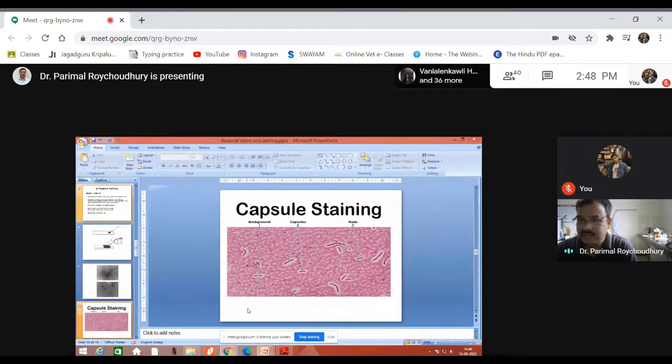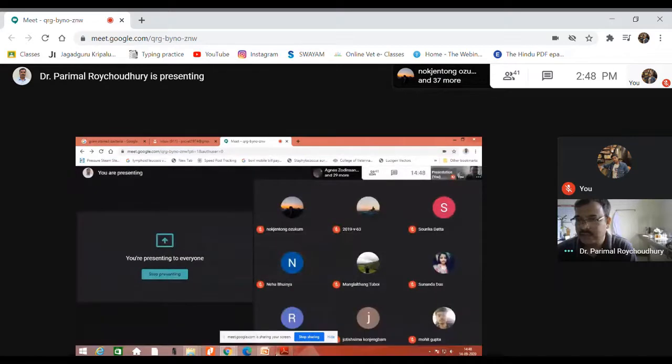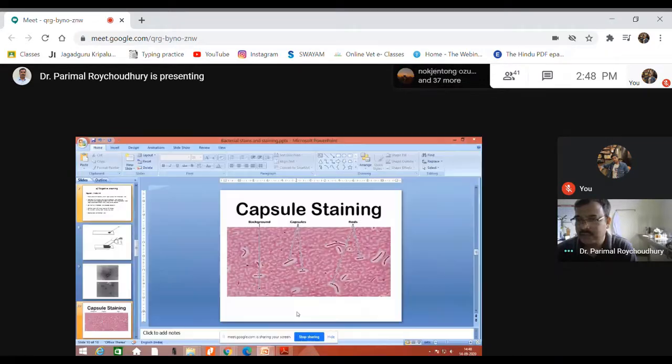Sometimes in a field we can see some capsulated and non-capsulated bacteria. These are bacteria which are encapsulated. This is another non-capsulated. Brown bacteria are also non-capsulated, and these bacilli are capsulated. So for that purpose, we can perform this negative staining.